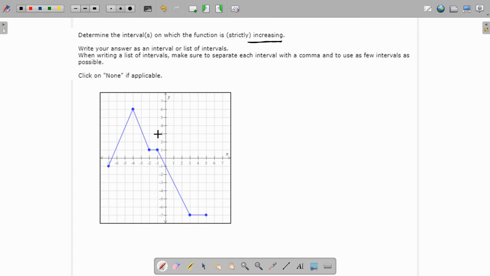All right. So where are we increasing? Let's look at this graph. From reading a book left to right, where's it going up? All right. It looks like it's going up right here. And that's it. So now the intervals we're using are x values.